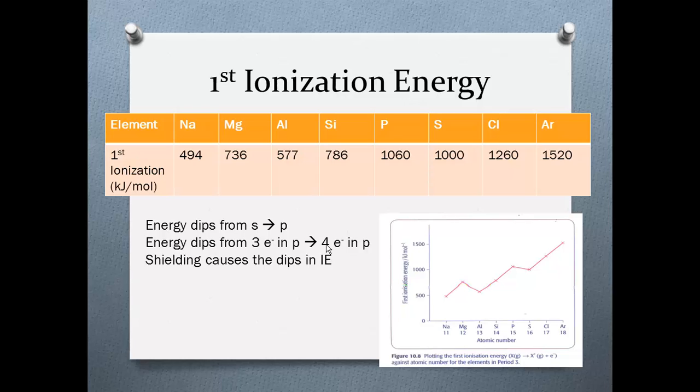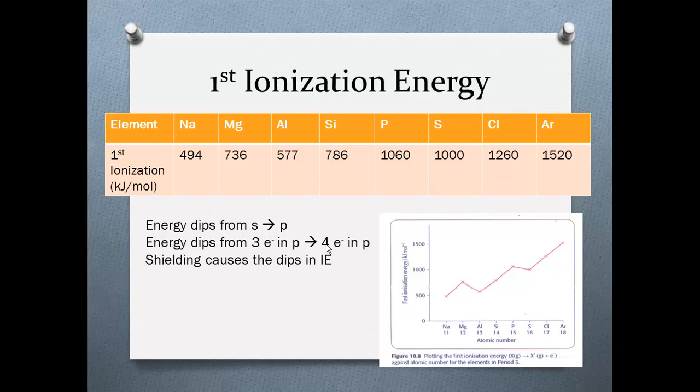Now you look at aluminum, silicon, phosphorus, sulfur, chlorine, argon. Those are the p orbitals, and as you go across, it's harder to remove, which makes sense, but you can see there's a dip between phosphorus and sulfur. Again, that is because you always fill 1 electron first in the p orbital. There's 3 different p orbitals, x, y, and z. So once you fill an electron in each of those p's, aluminum, silicon, phosphorus, then once you get to sulfur, that 1 electron goes into one of the p orbitals to pair up.